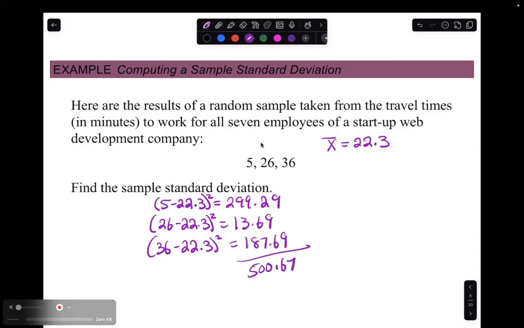500.67. So instead of dividing by 3, because that's our data size, that's how many data values we have, we're going to divide by 2. That's n minus 1. We're going to divide by 2. I got 250.34. Now, finally, we take the square root.